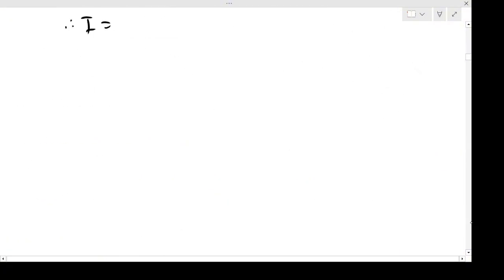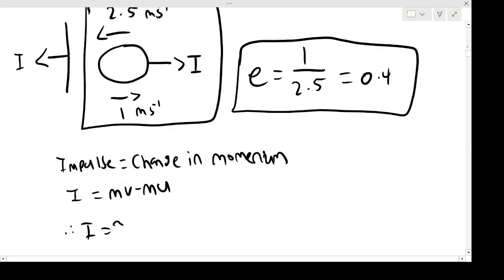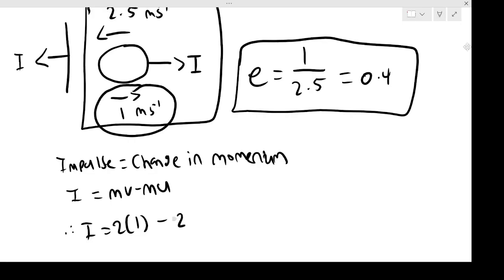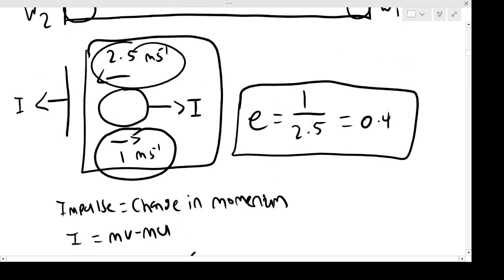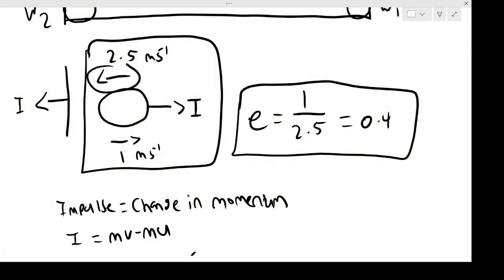So if the mass is 2, it's going to be 2 lots of v. Now, the speed afterwards is 1, take away 2 lots of the initial speed, but that's 2.5, but it's going in the negative direction, it's going backwards. Remember, we always take forwards to be the positive direction, so we need to make this negative to account for the negative direction.